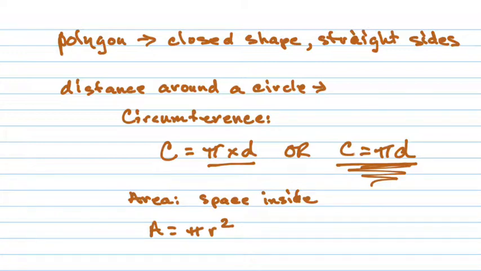So you're going to need to practice these keystrokes. Remember, for your order of operations, if I have that exponent and the pi, do I multiply pi times the radius first? No. Order of operations tells me I have to do that exponent first and then do the multiplication. So you take the r and square it and then multiply it times pi.